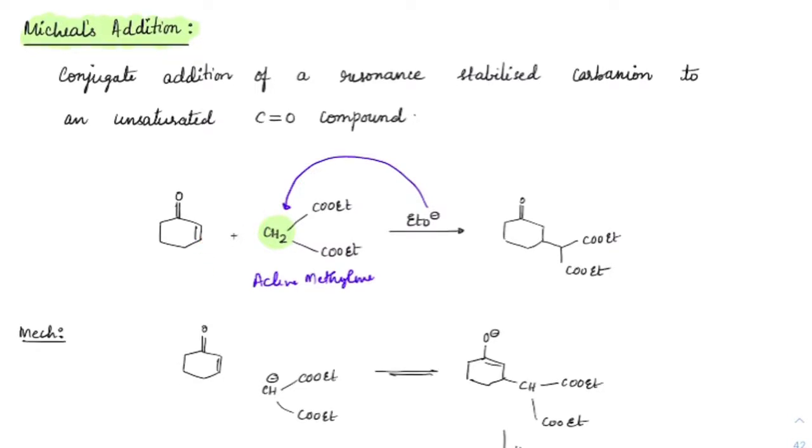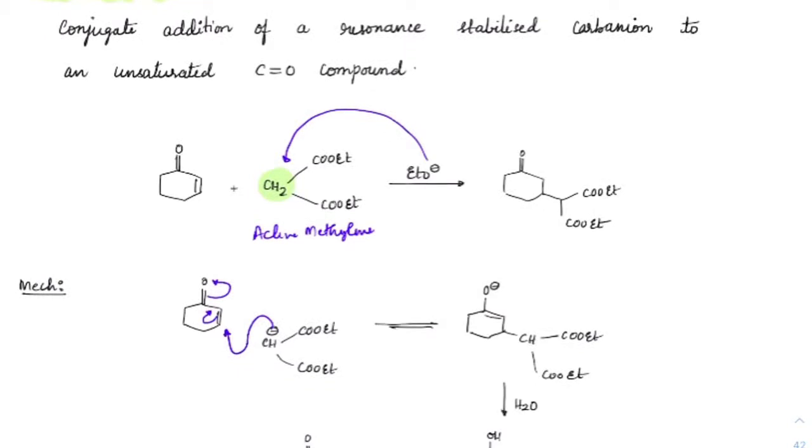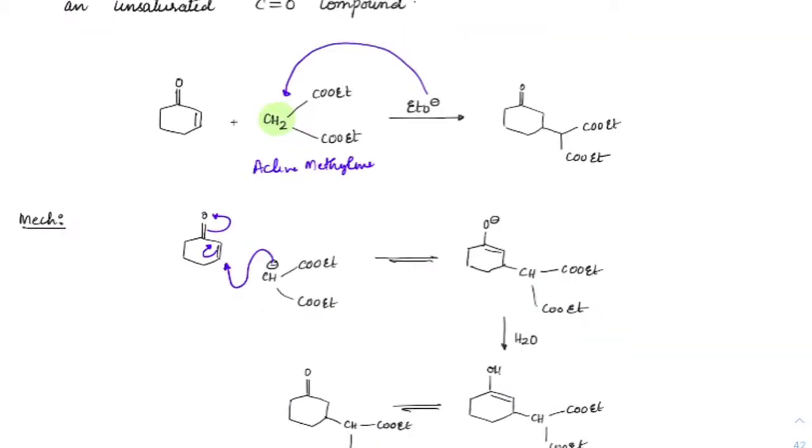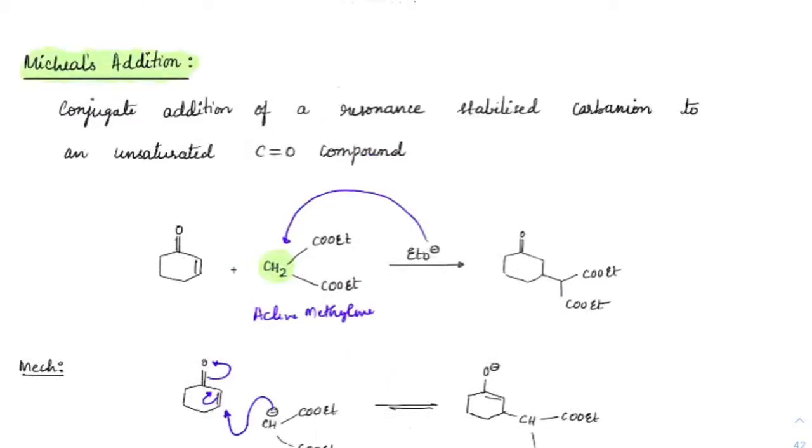See the mechanism now. The carbanion will attack here, this pi bond will shift here, and here we'll get O minus. So we will get this one. On hydrolysis, we will get an enol form here, and that enol will convert into keto form. So this will be the final product. This is called the conjugate addition or the Michael addition.